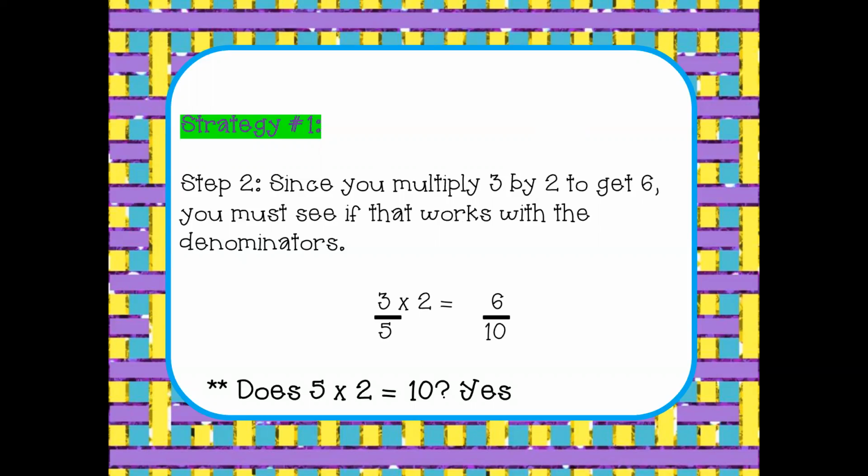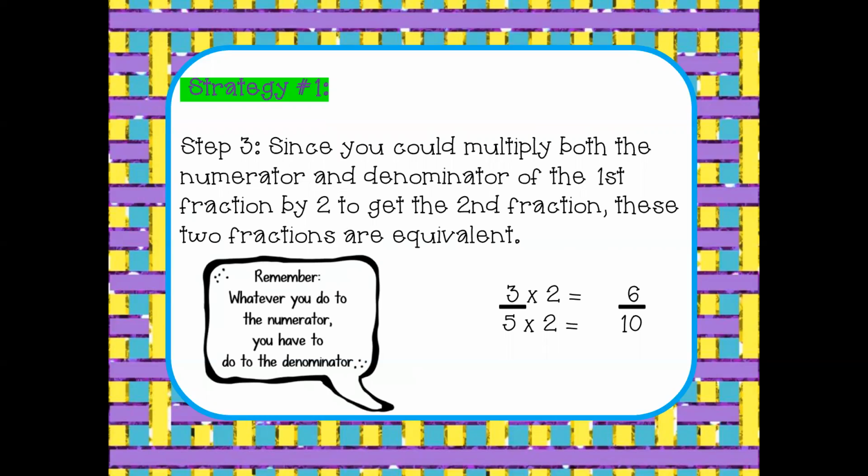So 3/5 and 6/10 are equal. Remember, whatever you do to the numerator, you have to do to the denominator. So since we multiplied the numerator by 2, we have to multiply the denominator by 2. 3 times 2 and 5 times 2 to show that they are indeed equivalent.